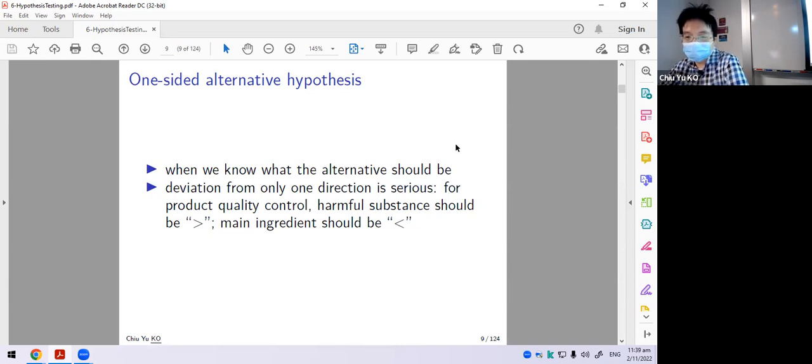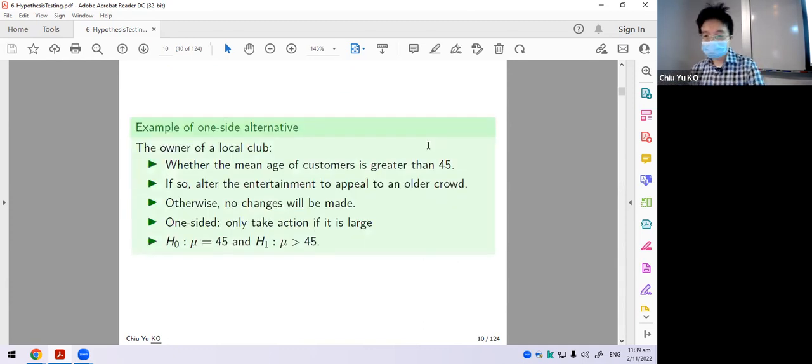Just like if you look at a product in quality control, and you look at a harmful substance, if it is more than a certain level, you violate the law. In that case, you want to use more than. Only more than would ring the bell. And if in quality control you want to make sure your main ingredient is no less than a certain value, then that is the case where you use less than.